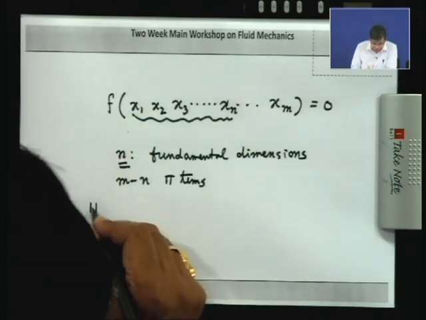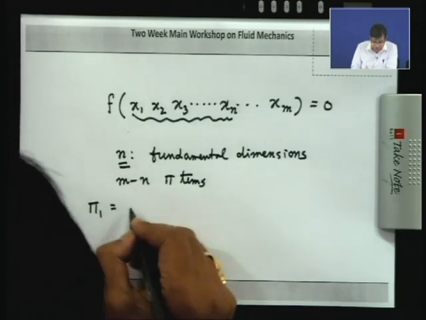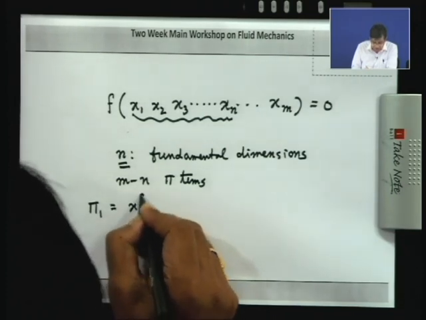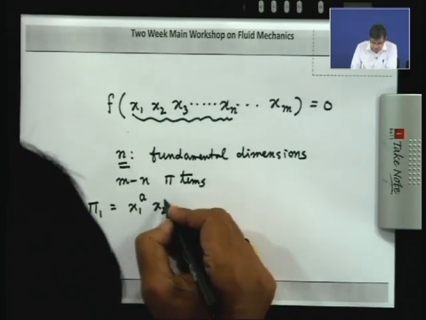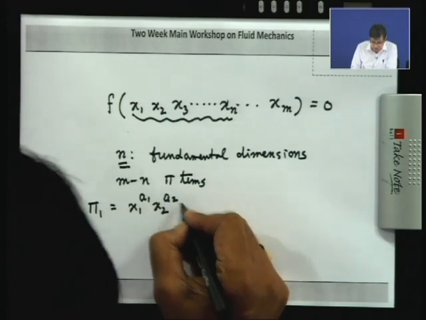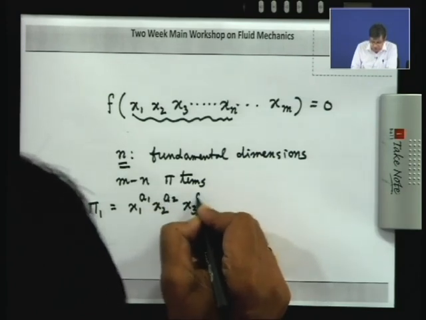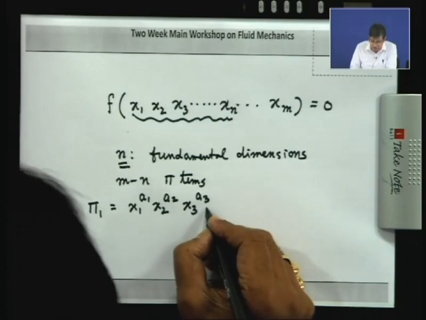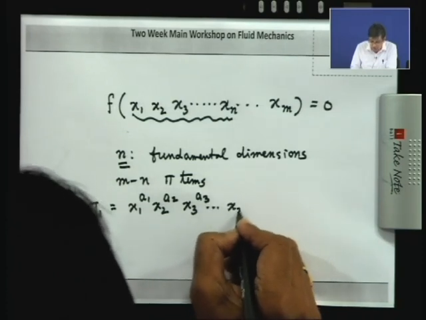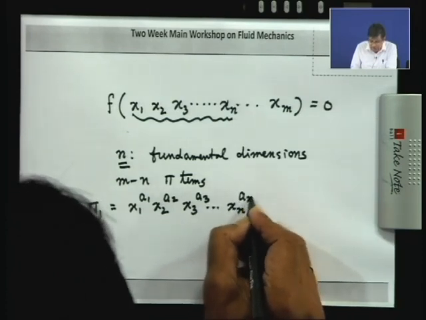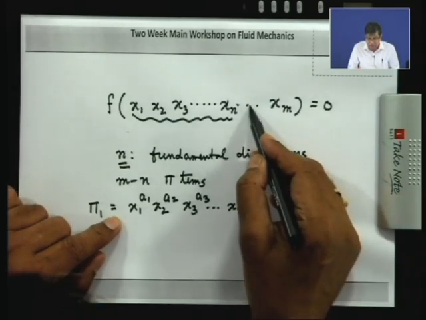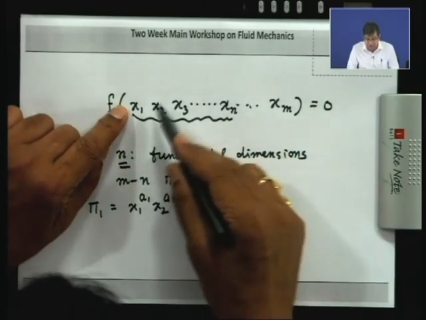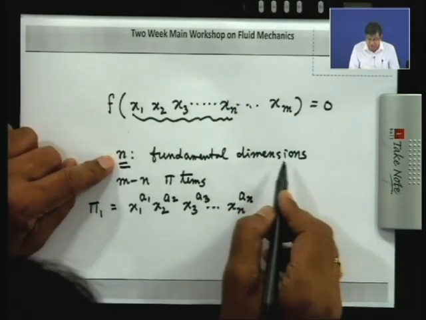We write the first pi term as x1 to the power a1, x2 to the power a2, x3 to the power a3, dot dot dot xn to the power an, and with all these variables we club one variable which is not included in these n fundamental dimensions.